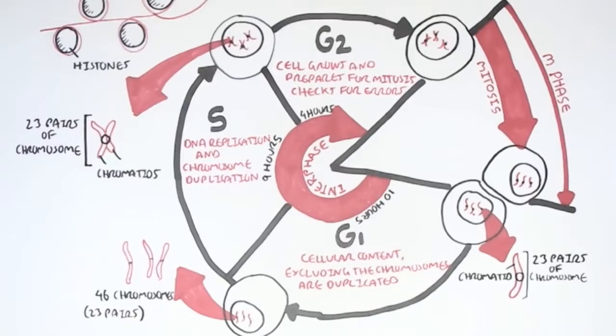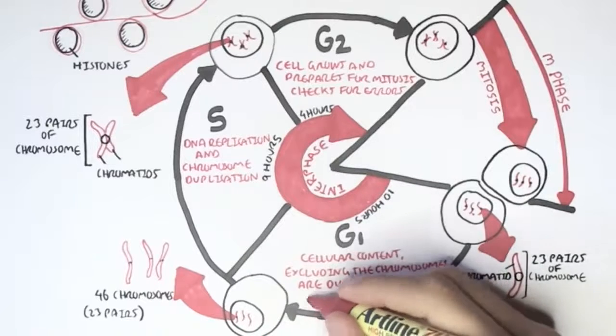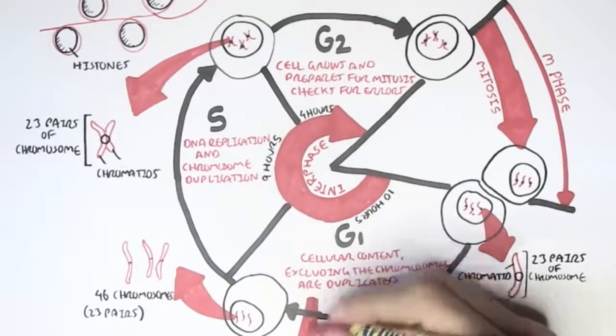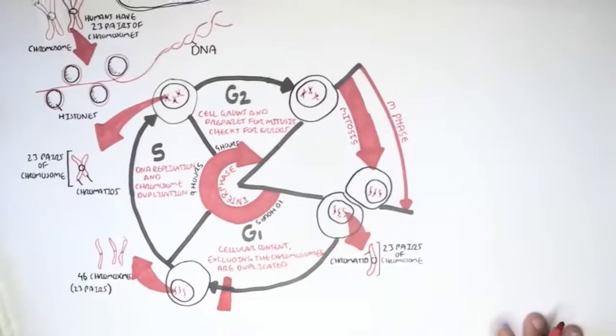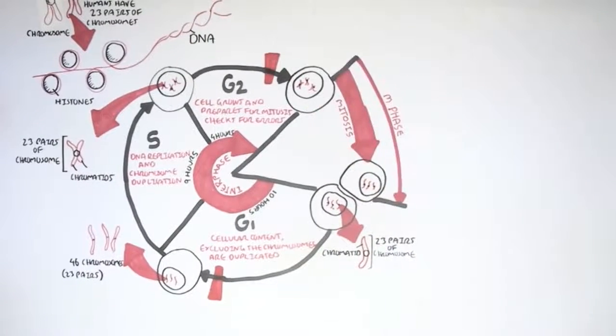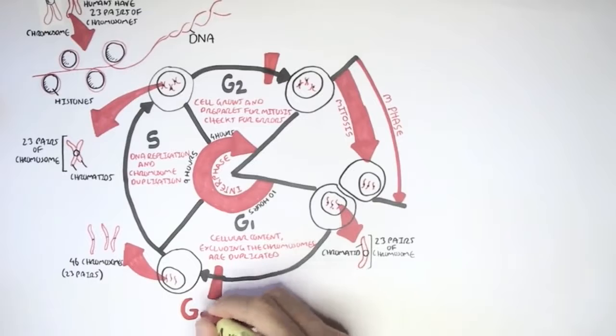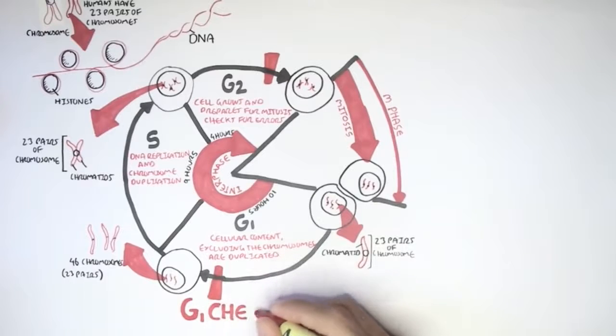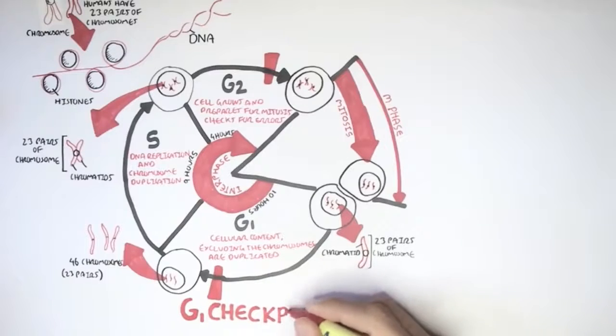Now, during the interphase, before cell division, before mitosis, there are 2 checkpoint areas where the cell will check for errors in the DNA, etc. These checkpoints occur before the end of G1 and before the end of G2.